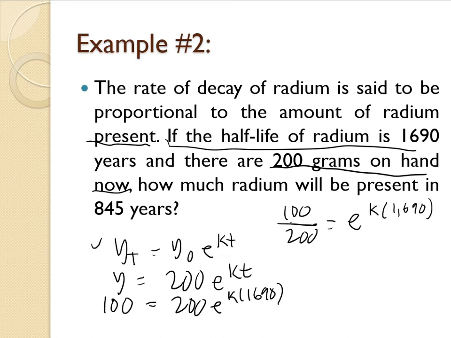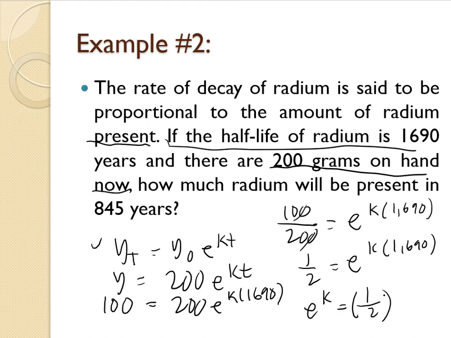So 100 divided by 200 is 1/2, equal to e raised to k times 1690. Now e raised to k is 1 half raised to 1 over 1690.